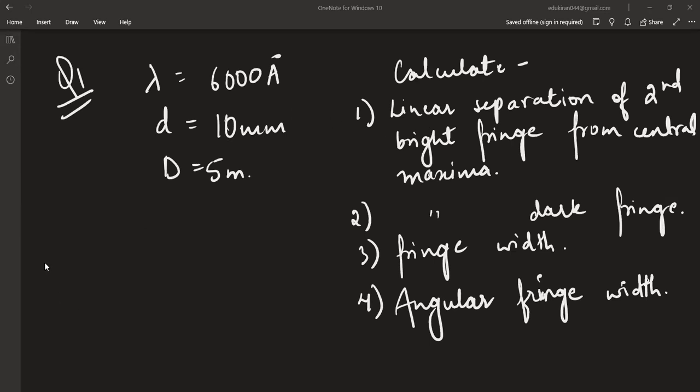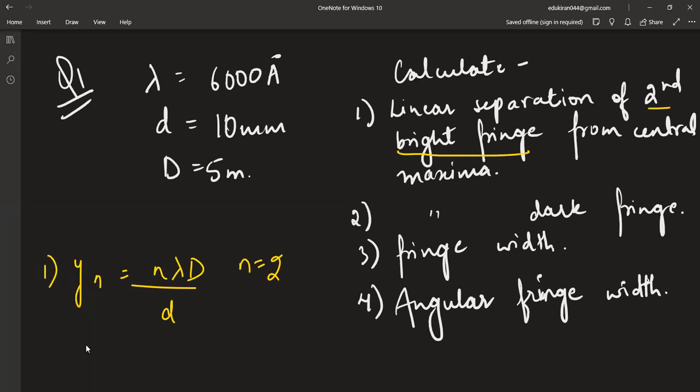So the first part: Yn is equal to n lambda capital D by small d. Why this formula? Because this is bright fringe. n is equal to 2 because second bright fringe. So Yn will be 2 into lambda, 6,000 angstrom, 6,000 into 10 to the power minus 10.